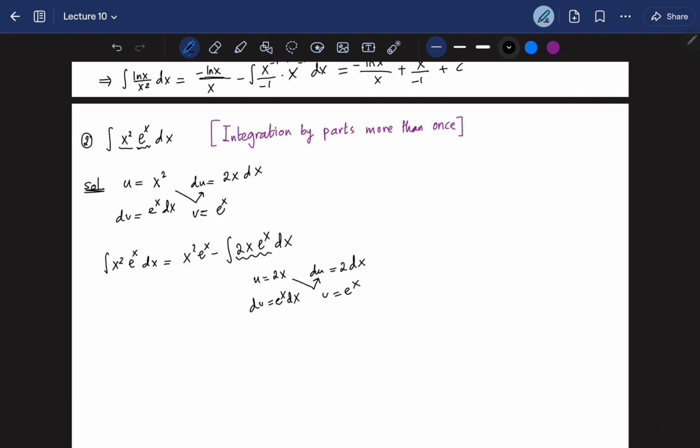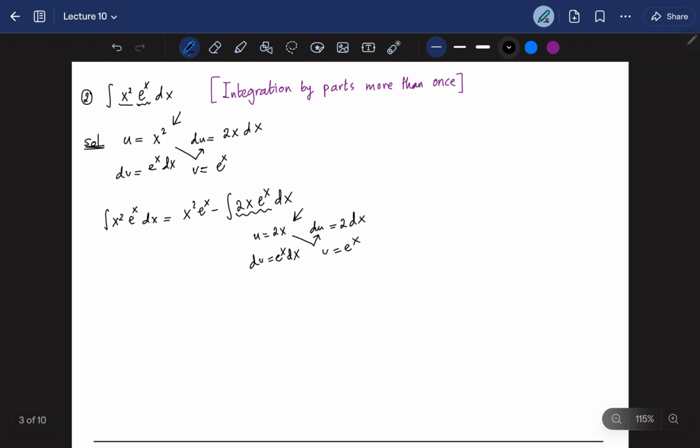Okay, so here be careful. If you started with a certain integration by parts by taking your u to be a certain function, if you want to apply it again, you need to take the same type of function again. So here I can't take e to the x. I need to take 2x, the thing that I got from my du. And if you think about it, this is correct applying the same acronym because algebraic comes before exponential.